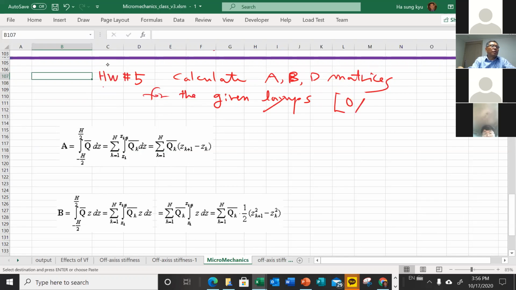Let's say 0, plus 45, minus 45, and 90 degrees, and symmetric. All you need to do, which is very important, is to calculate this, and each ply, let's say, has a ply thickness.